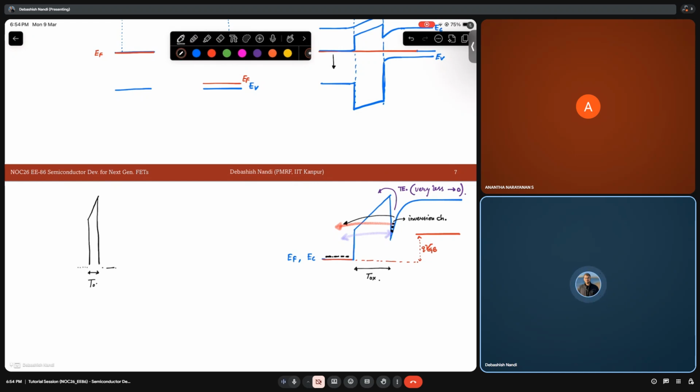If this TOX is very small, then these carriers can travel through by a mechanism called tunneling. So, what is your depth of understanding of tunneling? How does it happen?